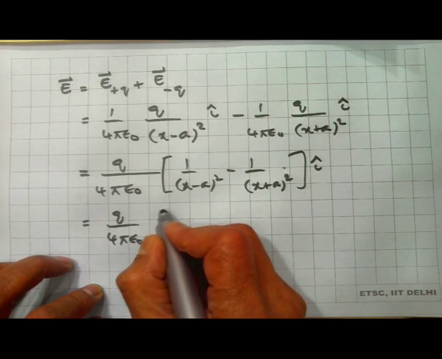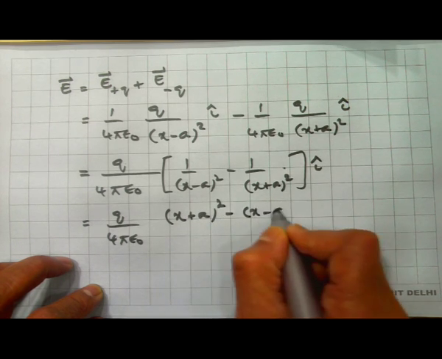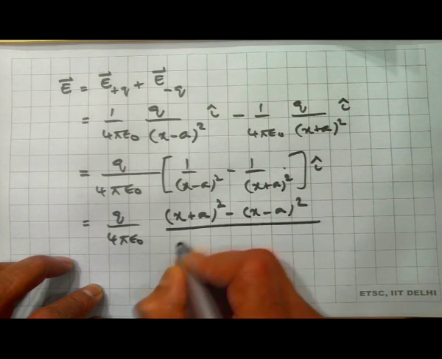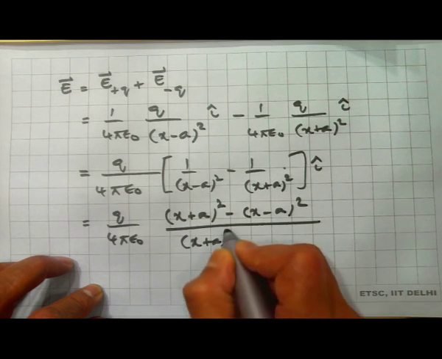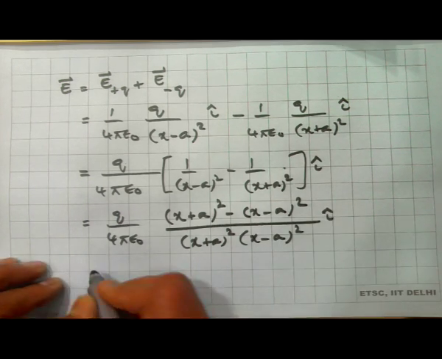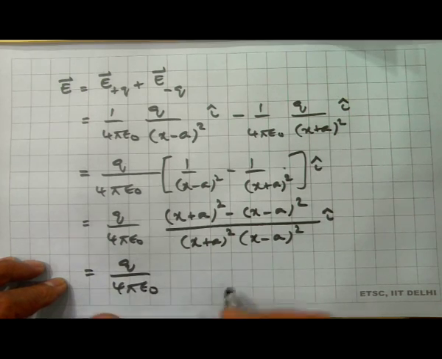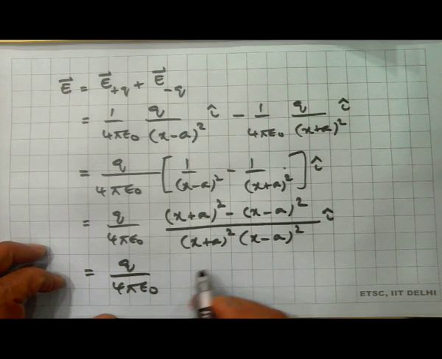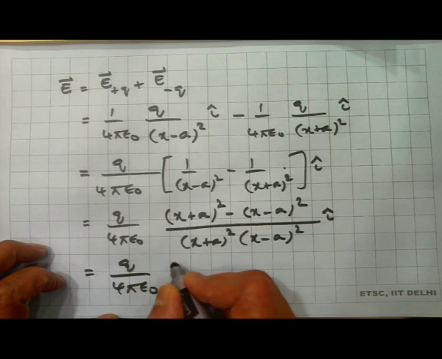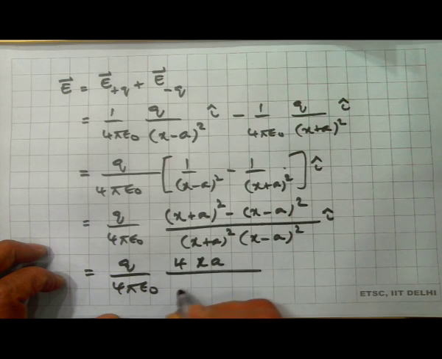So, this is nothing but (x plus a) whole square minus (x minus a) whole square divided by (x plus a) whole square into (x minus a) whole square i cap, which is actually Q by 4 pi epsilon 0. (a plus b) square minus (a minus b) square is 4 x a divided by, this is (x square minus a square) whole square.